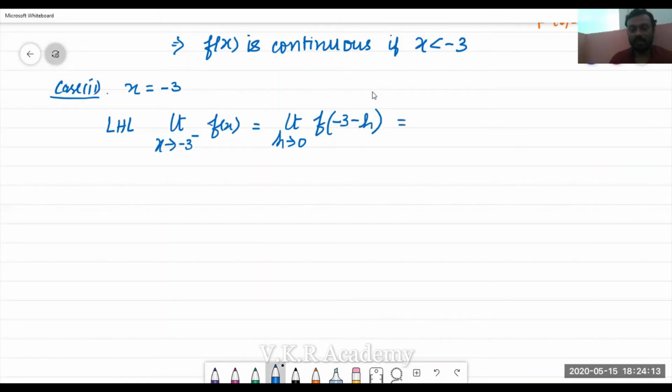Minus 3 minus h is a point to the left of minus 3. This is minus 3. So minus 3 minus h will be to the left of minus 3, that is less than minus 3, wherever f of x is mod x plus 3, that is 3 minus x.